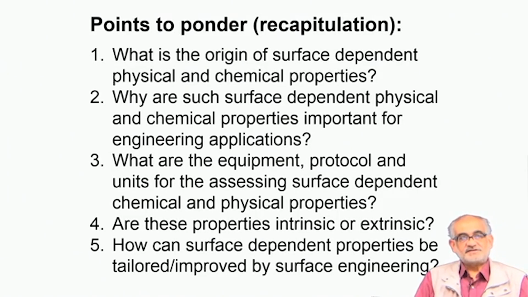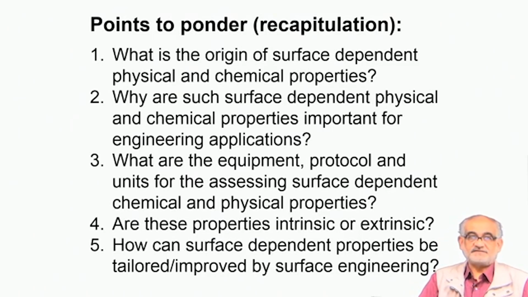These surface dependent properties coming from physical or chemical activation are very important, because as we discussed in the previous lecture, they determine the life, the reliability, the safety, the overall utility of the component in the long run. We should be aware of the various kinds of equipment and protocols used for assessing the surface dependent properties. For example, how do we measure corrosion property, how do we measure physical properties, and so on.